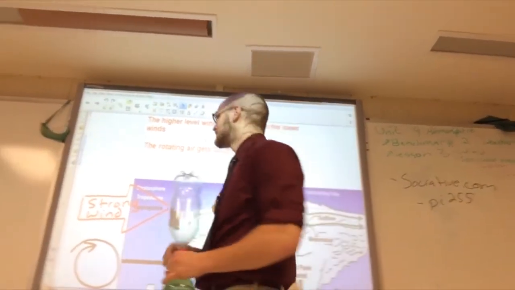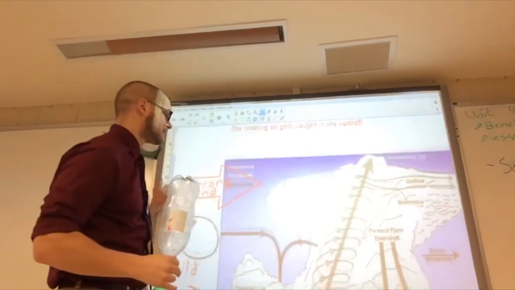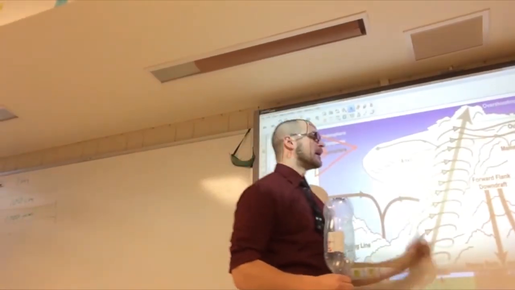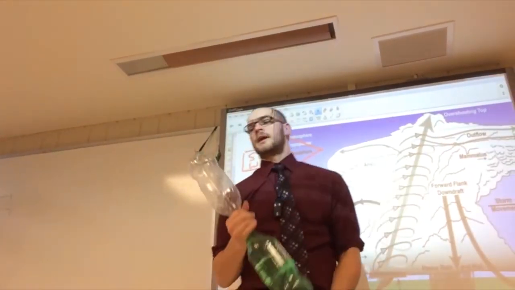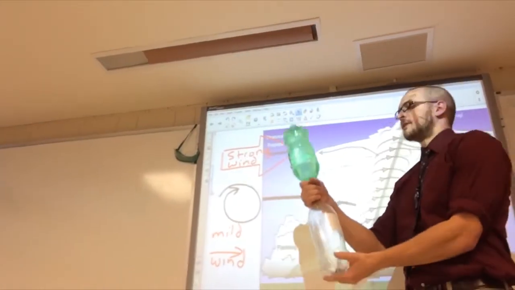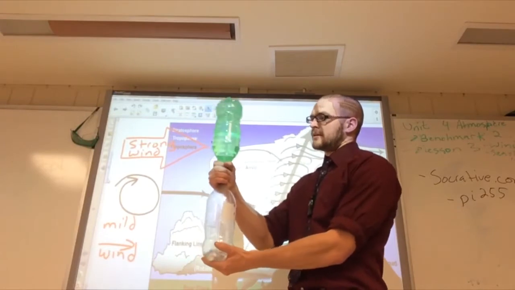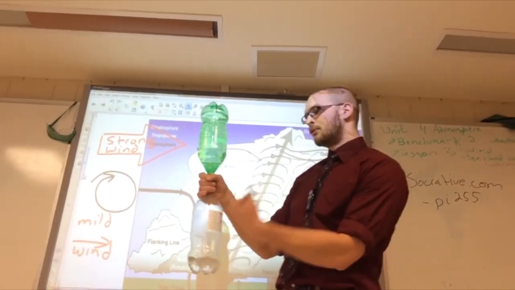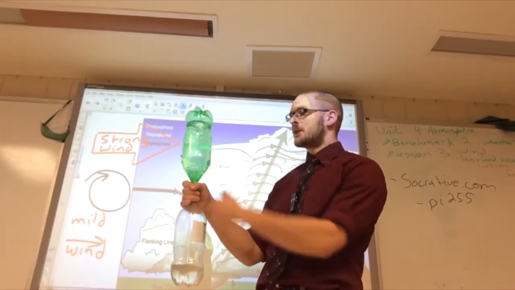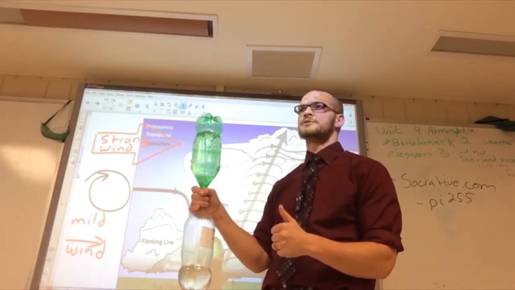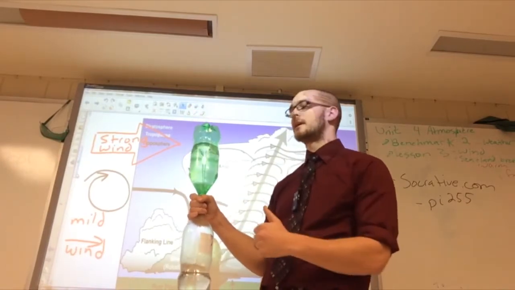Funnel cloud, yeah. Good job. So basically, right now we have a funnel cloud. Okay? So we have an updraft. It pulled some rotating air in there. And that rotation makes the updraft gain a lot of structure, go a lot faster, everything else.